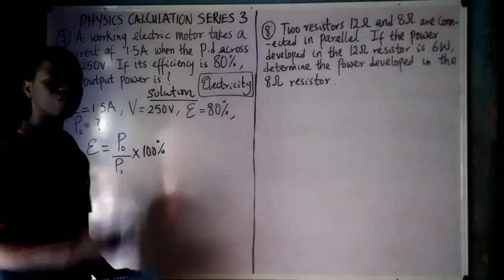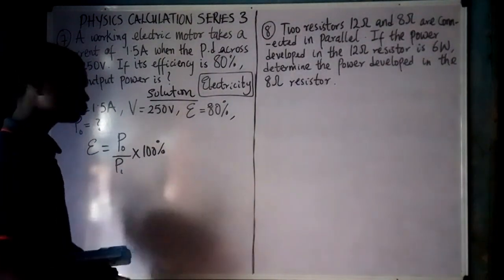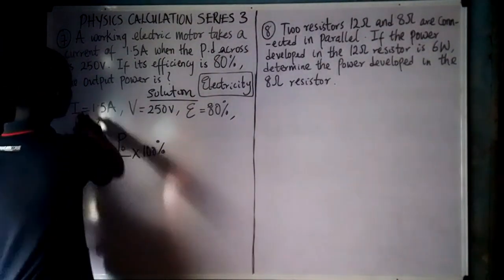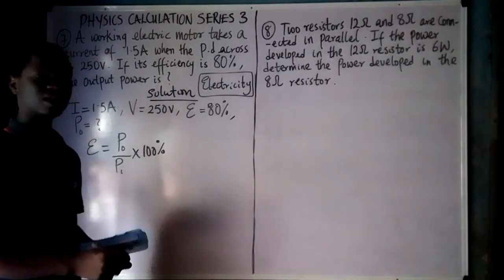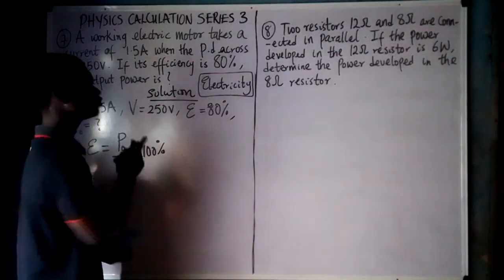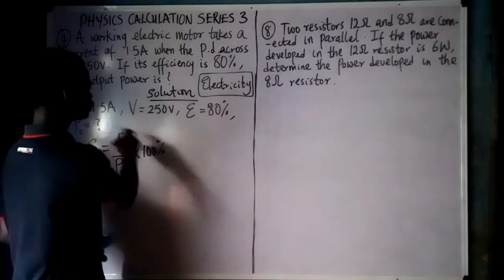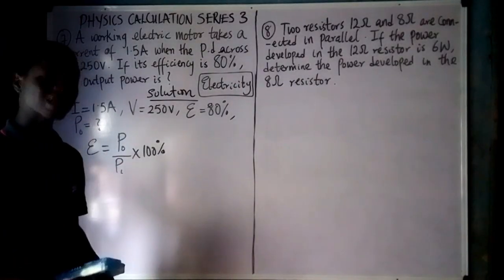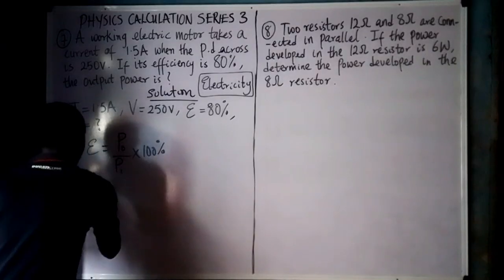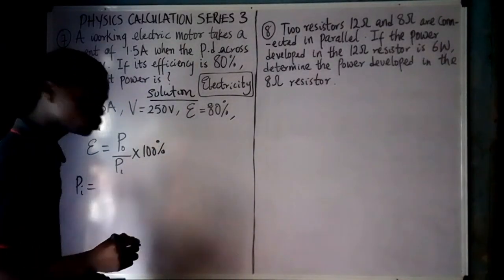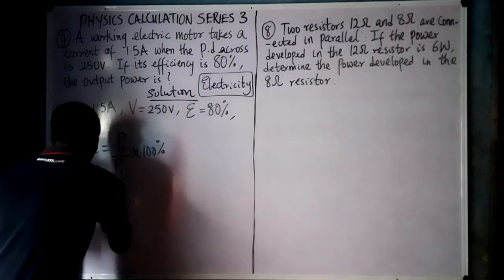So first things first, guys, we are going to get our input power. We are told that the electric motor takes a current of 1.5 ampere and it has a potential difference of 250 volts. Using these two, can we get our input power? Yes. Input power, no matter the formula for power we all know, is equal to current times voltage.